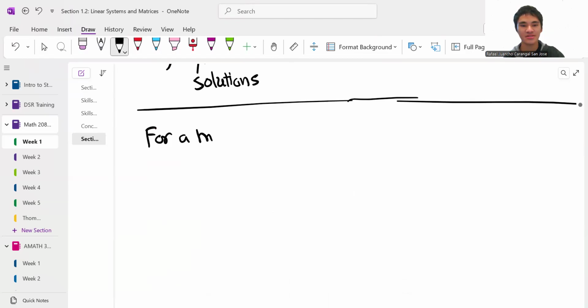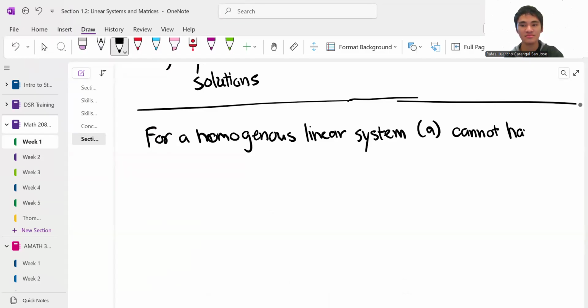So here's a fact. We're just connecting dots here, but basically for a homogeneous linear system, A cannot happen, since C is always 0.